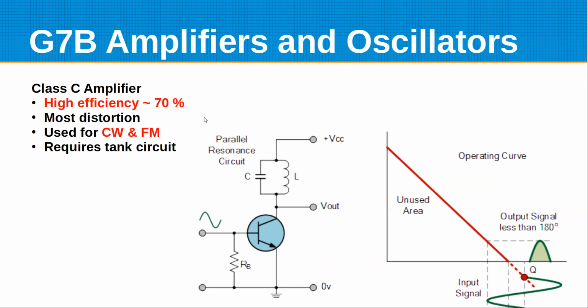So the fact that this has some amplitude distortion doesn't affect CW or FM. But it does require some sort of resonant tank circuit in order to operate. So you're just amplifying pulses that you're feeding into this tank circuit to keep it resonating.